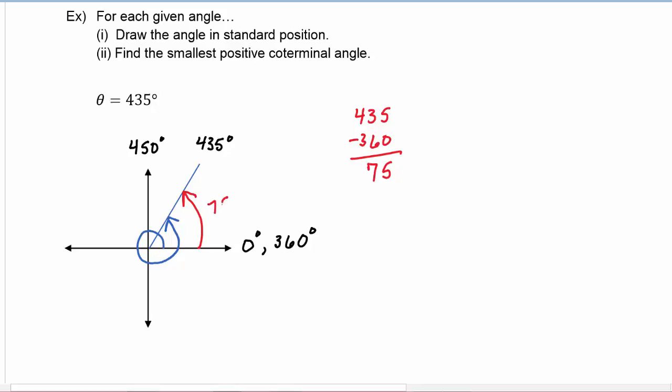So the smallest positive coterminal angle ended up being 75 degrees. And it's important for you to understand that 75 degrees is different than 435 degrees. 75 degrees means you only rotated that much, where 435 degrees means you rotated all the way around and then 75 degrees more to get to 435.